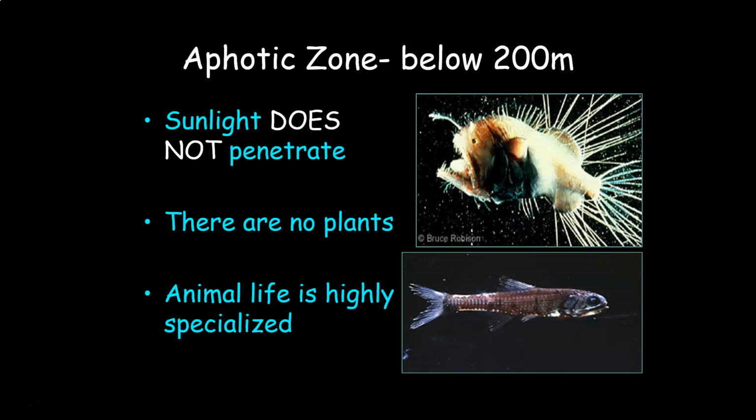And the organisms down here have to have some very highly specialized structures and ways that they function. So they will certainly have some very translucent flesh. There's not much need for pigmentation down here because nobody can really see much.